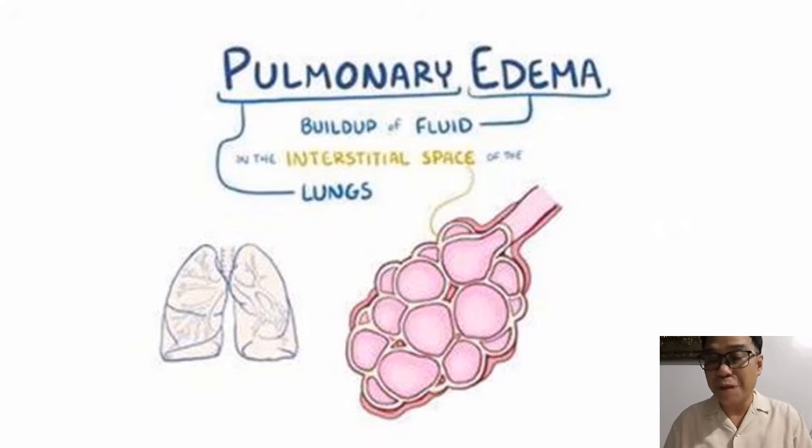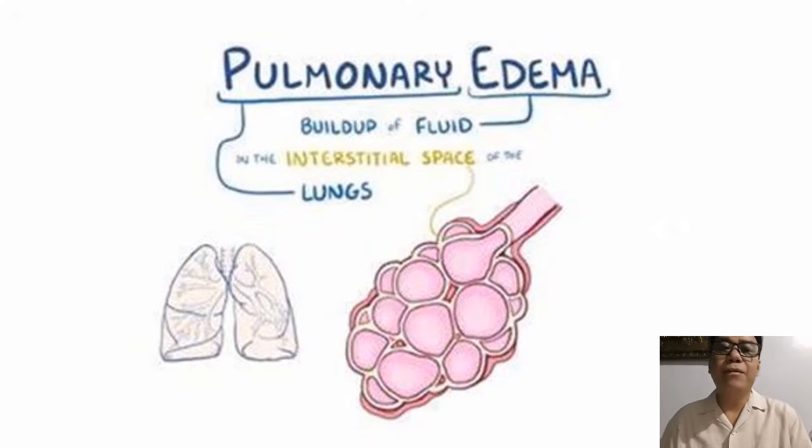Aside, of course, from our blood and the surfactant, there's no other fluid that needs to be in our lungs, basically. So having a pulmonary edema, it could be really fatal.